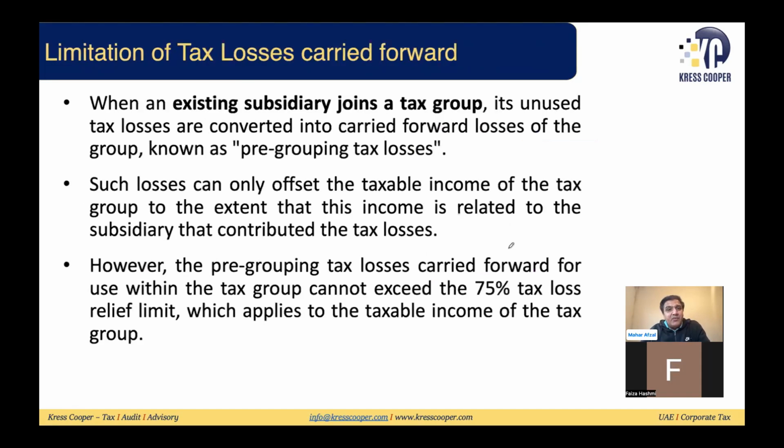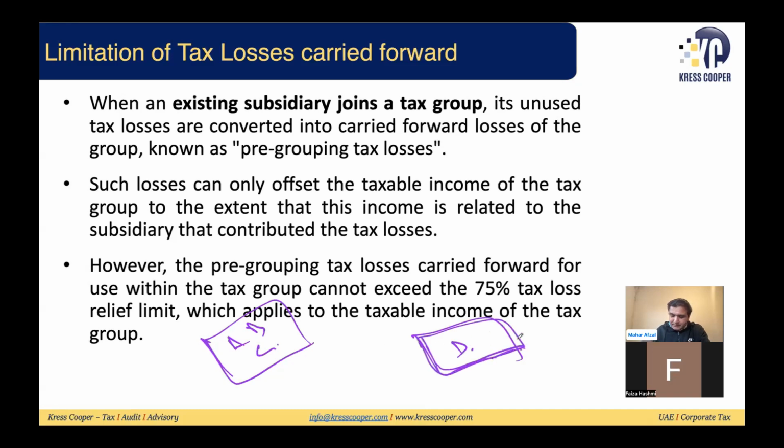So, limitation of tax losses. Just look into this. This is one group, A, B, C. There is a new subsidiary D. This company has losses, which are carried forward losses.